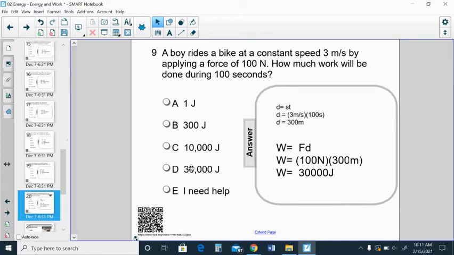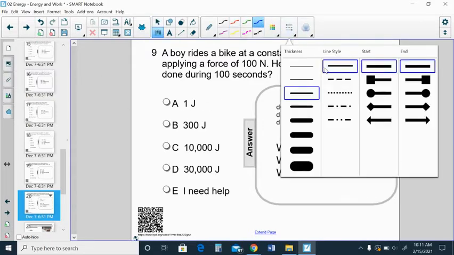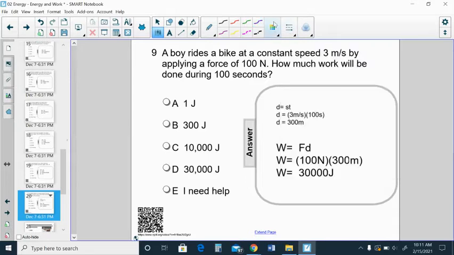So the way you get that, since you're given speed and time, you can use the speed equation from way back in the beginning of the year to figure out that displacement or distance. So again, the speed equation is that speed equals distance over time. Just rearranging it to solve for distance here is speed times time, which we're given.